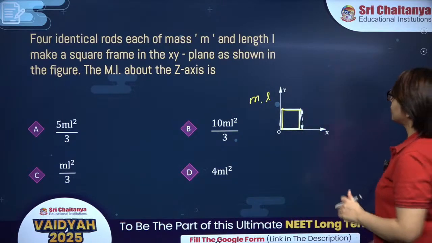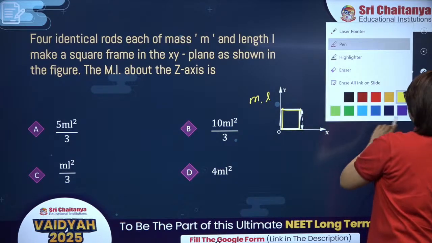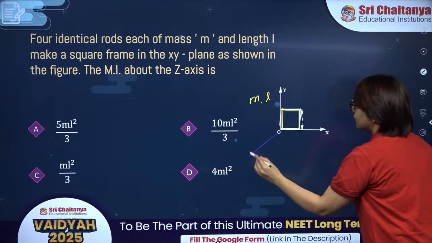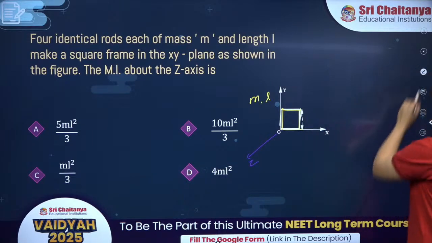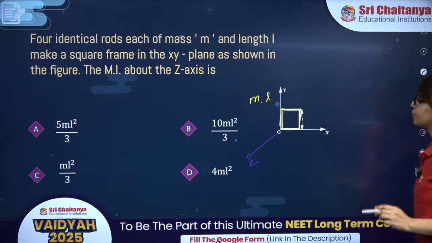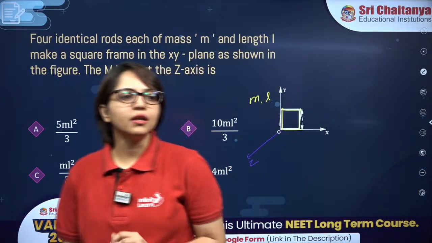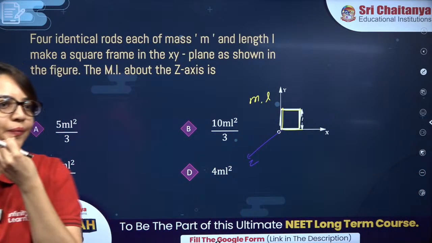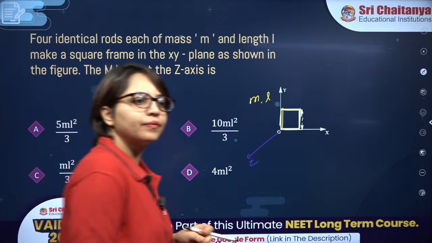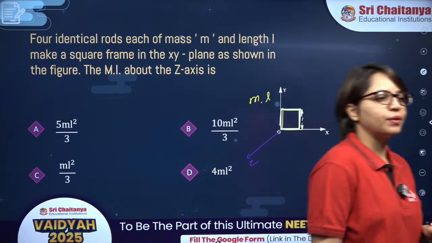What is the moment of inertia of the system about the z-axis? So this will be the z-axis, beta. You have to find the moment of inertia about the z-axis of the system. Fine? Chaliye. Try this one, try this one. Yeah, please try this one.